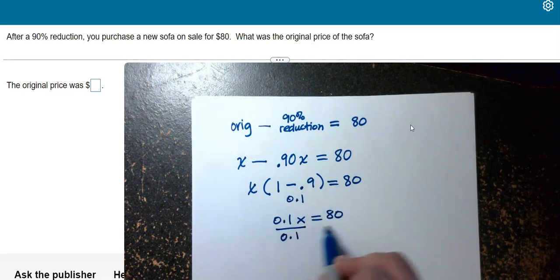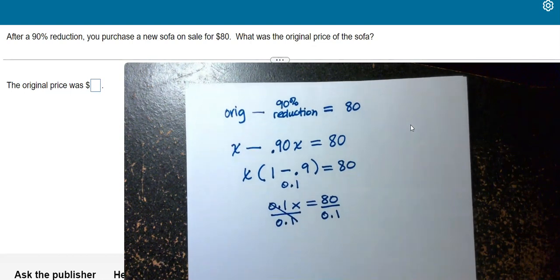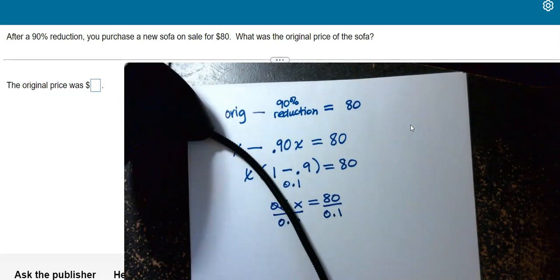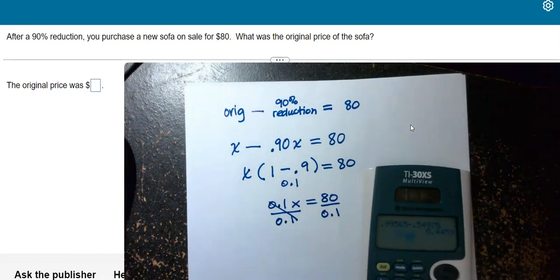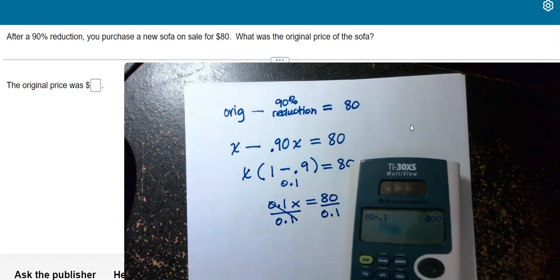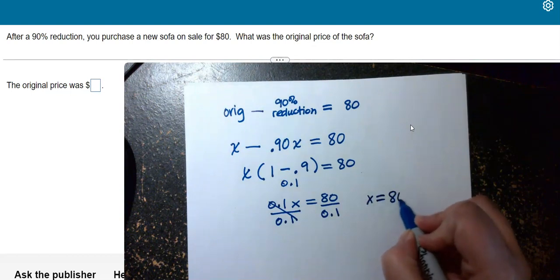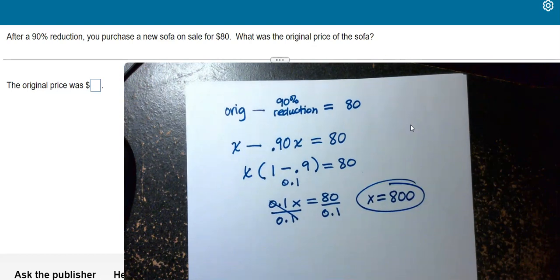Divide both sides by 0.1. Sorry, microphone down. 80 divided by 0.1 is 800. So x is 800. So originally this sofa cost $800.